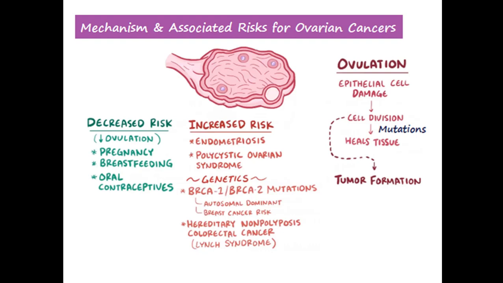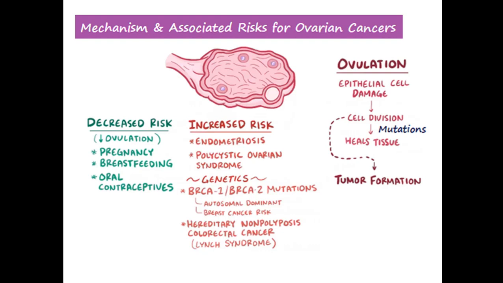ovulations. The third point is that a female who is using oral contraceptives, they also inhibit ovulation. And so the cumulative effect of pregnancy, breastfeeding, and oral contraceptives will decrease the total number of ovulations that occur in such a female as compared to the other one.